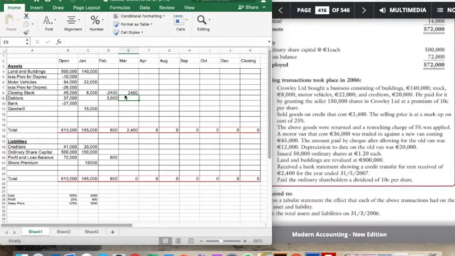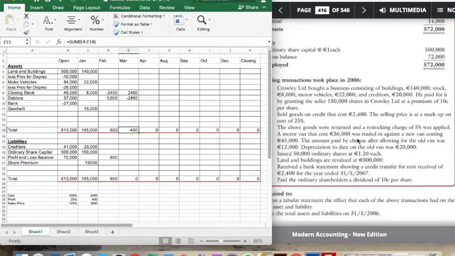So we're going to take 3 grand away from our debtors, and add on our restocking charge. The restocking charge is 5% of what we sold the stuff for, so 3 grand times 0.05, that's 5%. So we're going to take 2,850 away from our debtors.